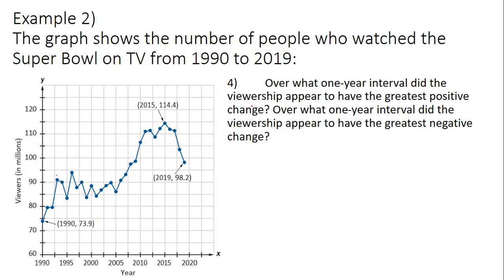If we're looking for a positive, we're looking for the steepest line, so positive is going to be the steepest increase. Our steepest increase appears to be from 92 to 93. I can always test it by doing the math or approximating. It's about a 10 million change in one year, and I don't see anything more than that. So from 1992 to 1993.